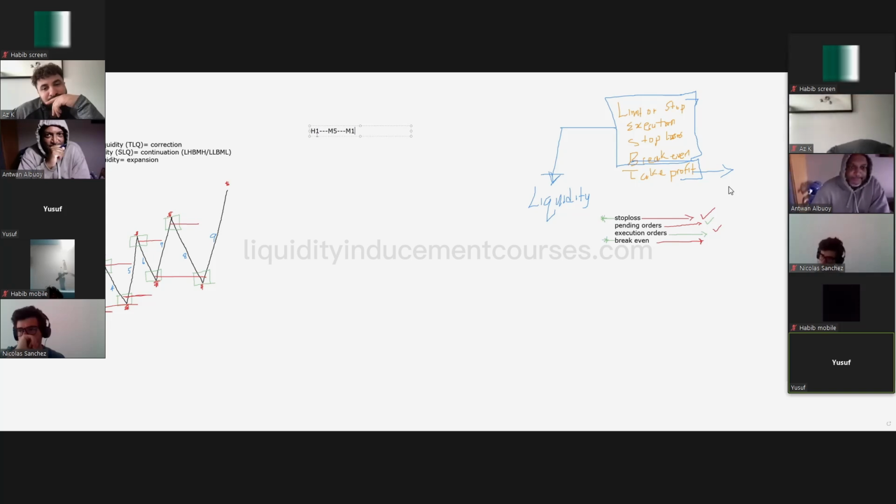Please write that. You have to sometimes relate the H1 with the 15 minutes. That is, if the H1 isn't clear, you can use the 15 minutes to identify where you are in the market.